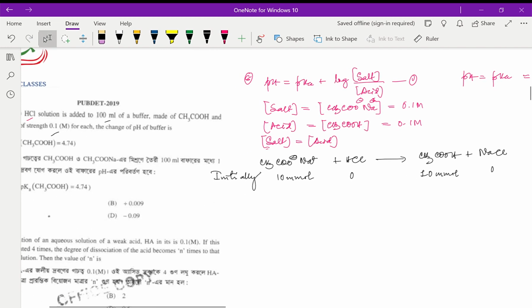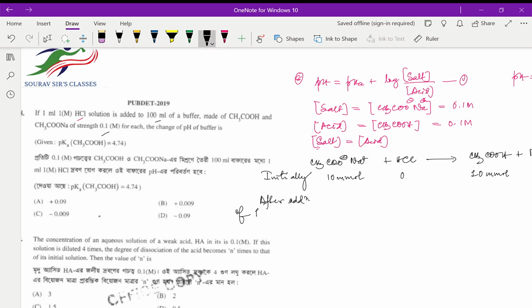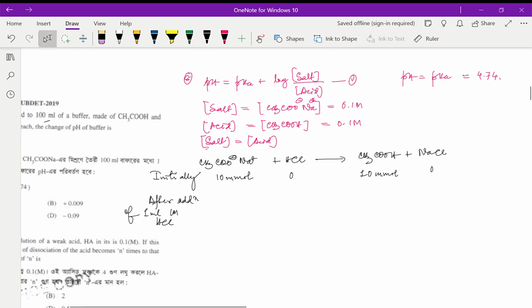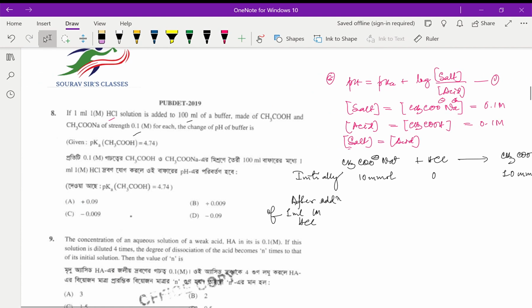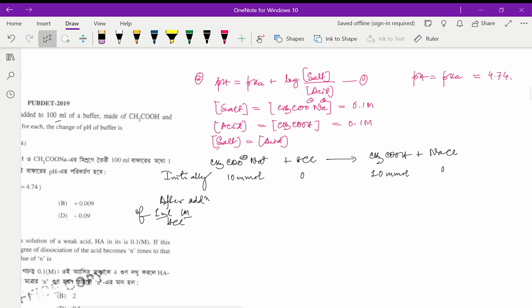After addition of 1 ml, 1 M HCl, what happens? So 1 ml of 1 M would actually mean 1 millimole.